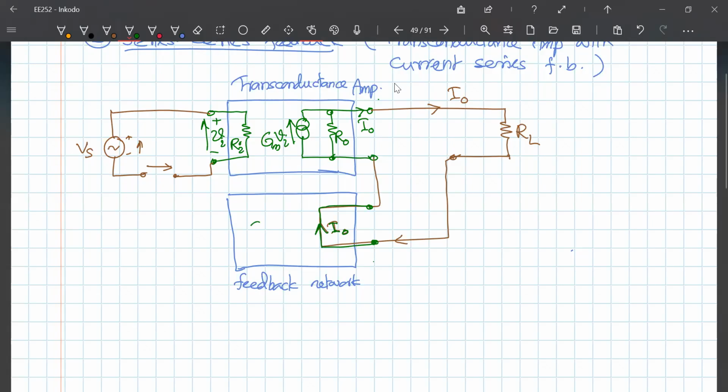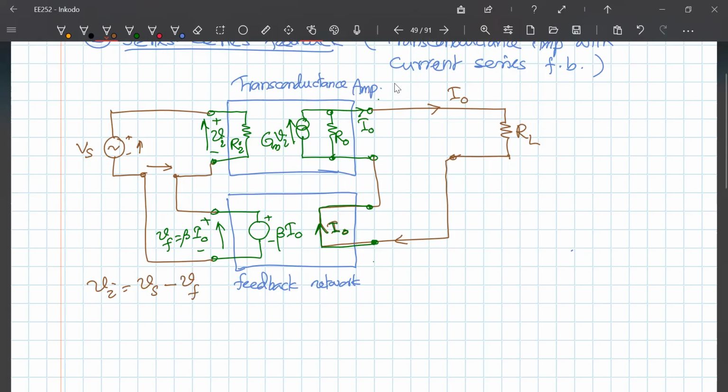So what I have here is a voltage source, Vf, plus minus, which should be some beta times I out. So Vf is equal to beta times I out. Now I connect the positive side to this terminal and the negative side to this terminal, so that you subtract Vf. So Vi is again equal to Vs minus Vf.